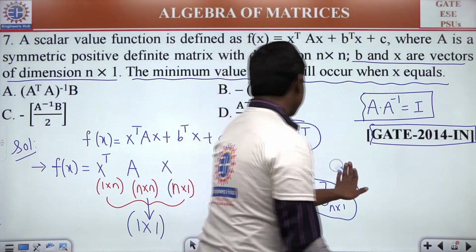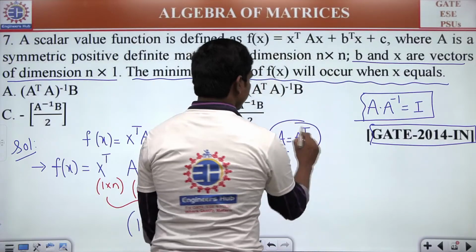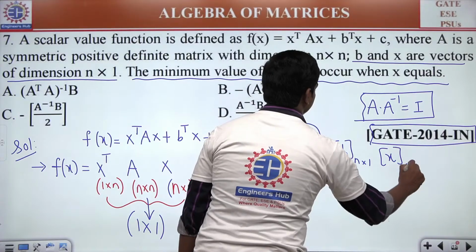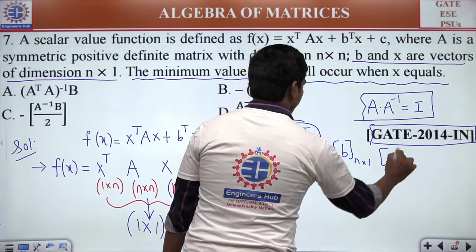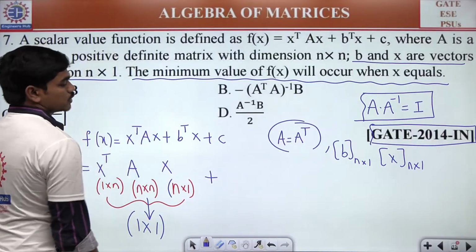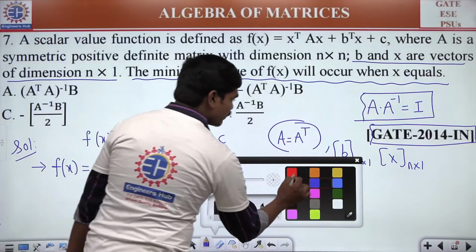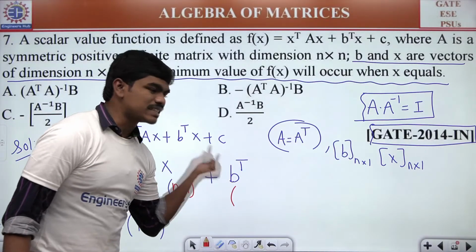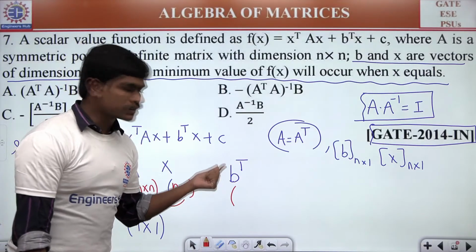Next, b is of size n by 1 and also x is of size n by 1. Now plus b transpose. Look, we are writing b transpose. If b is of size n by 1, can you all tell me what is the size of this b transpose?